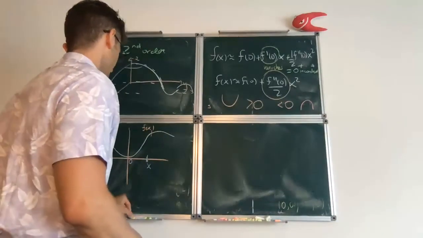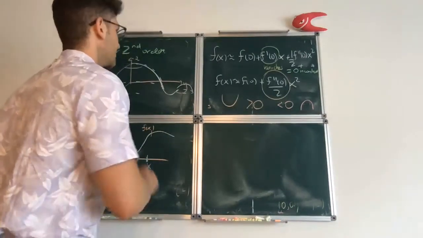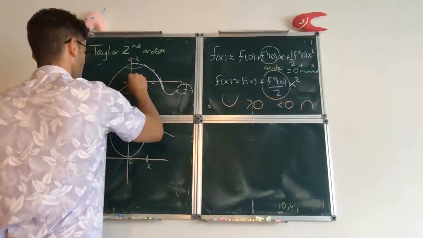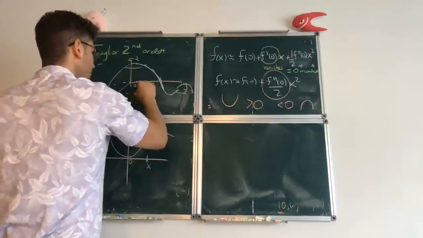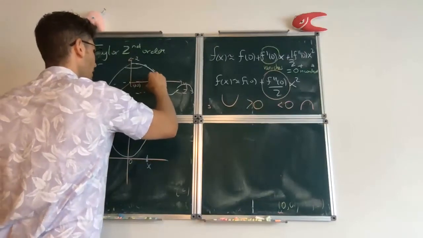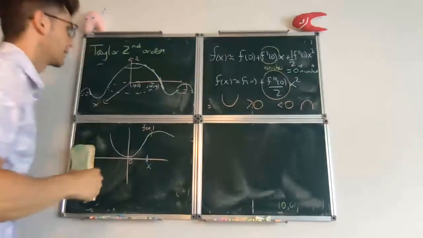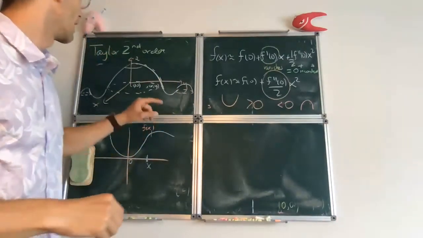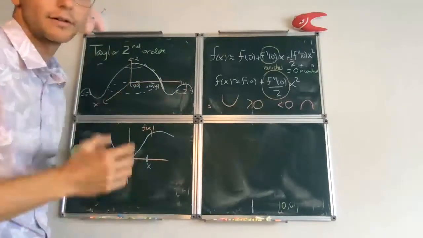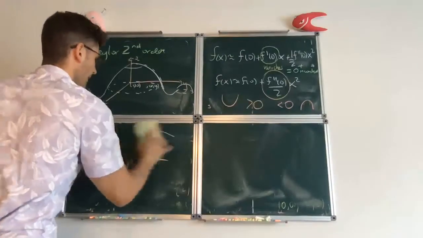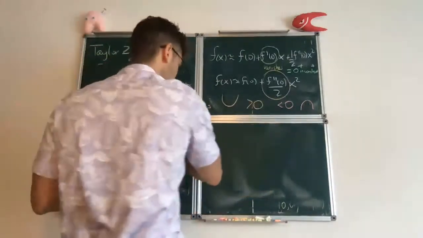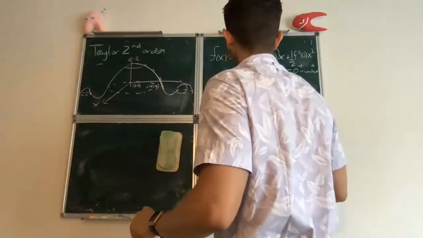Okay, so here you have 0, 0. And then if you have a point which is sufficiently close to the origin, which is x comma y, we want to write an approximation for f of xy in terms of the derivatives at the origin. Okay? And this is the analog of Taylor's expansion here.